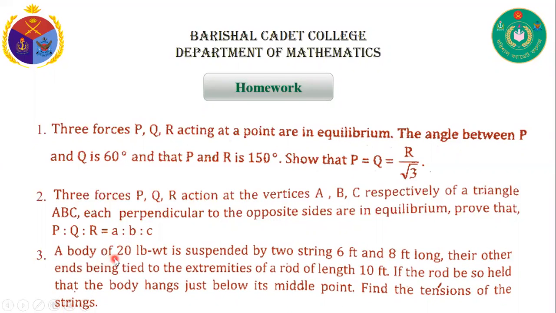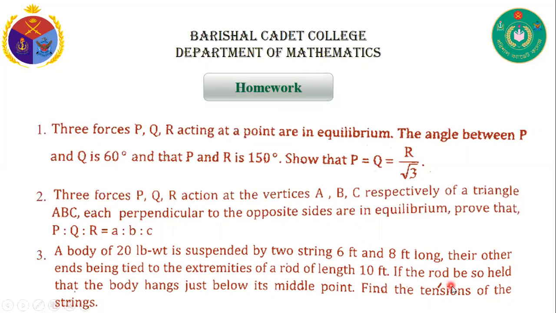Okay. So now the third and last problem for all of you. A body of 20 pound weight is suspended by two strings, of 6 feet and 8 feet, their other ends being tied to the extremities of a rod of length 10 feet.